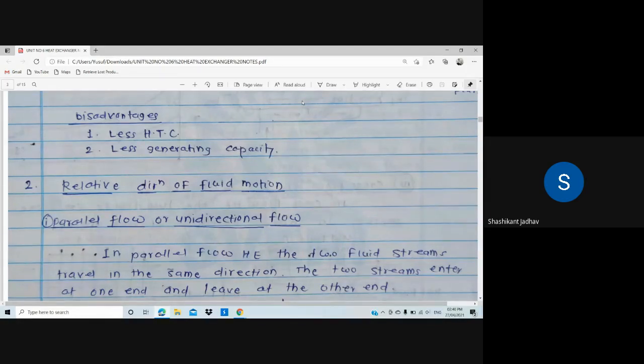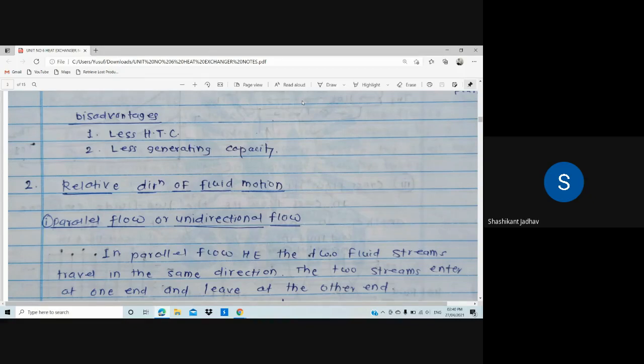And second, less generating capacity. ओके, हीट ट्रान्सफर कोएफिशियंट काय असणार आहे, कमी असणार आहे. त्याच्यानंतर जनरेटिंग कॅपॅसिटी जी आहे ती कमी असणार आहे. सो दीज आर दी डिसएडवांटेजेस ऑफ दी रिकपरेटर टाइप ऑफ हीट एक्सचेंजर.